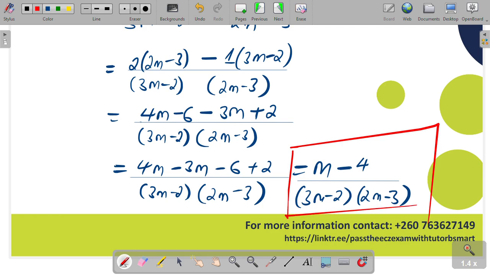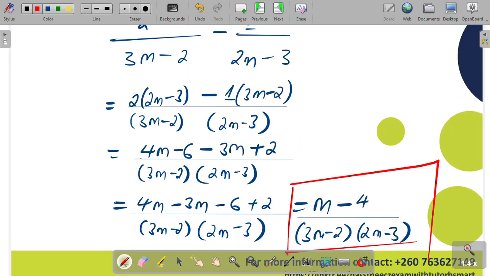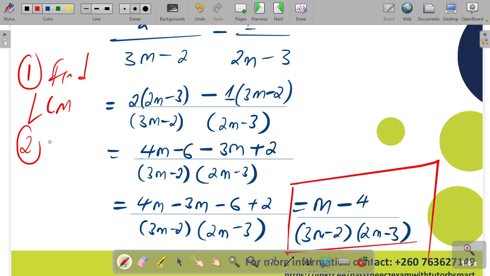This is how you actually solve such a question. Number one, the first step, you do what? You find the LCM. Second, you make the same denominator.